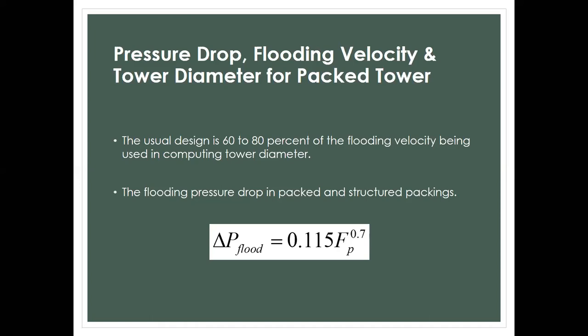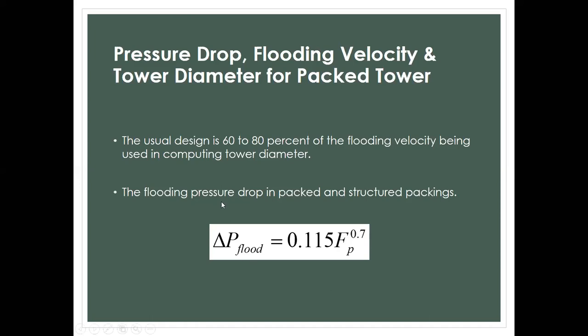If the problem is silent, whether it's 60% flooding or 70 or 80%, we have to use the conventional one. And that is, we use the 50% flooding velocity in computing for the size of our column. So if it is not specified, we use 50%.